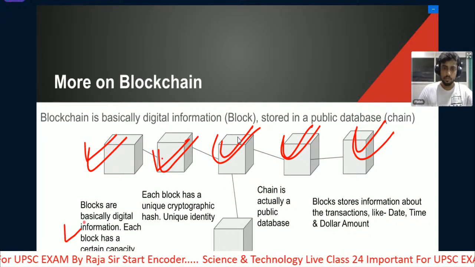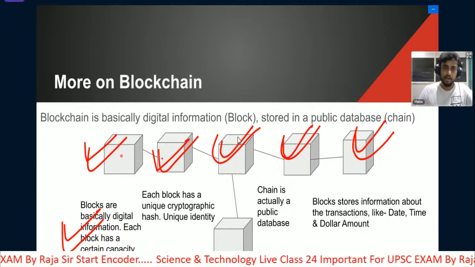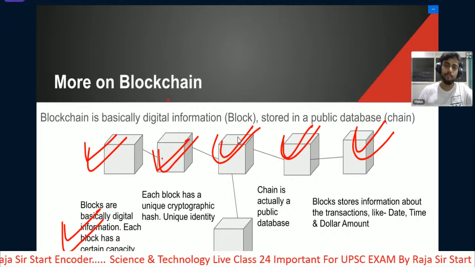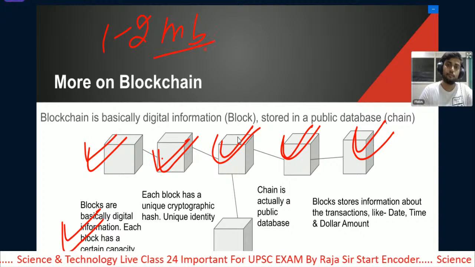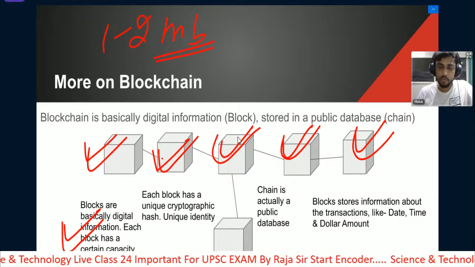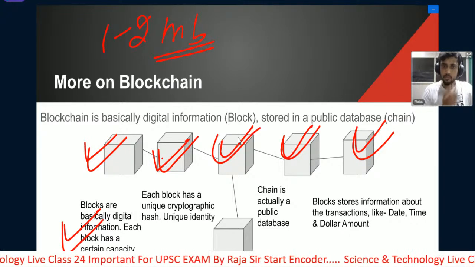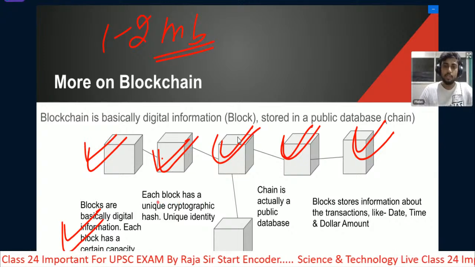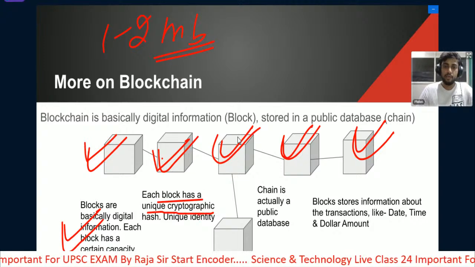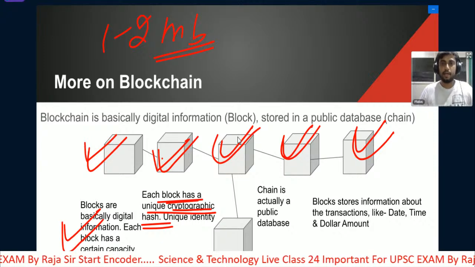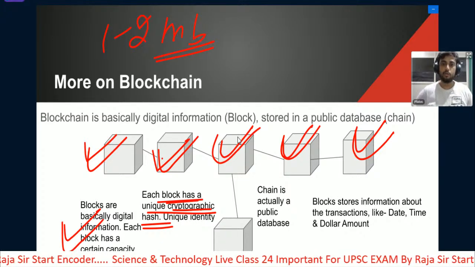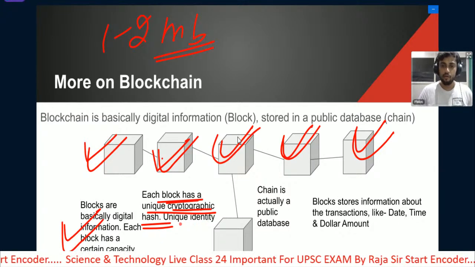Each block has a certain capacity, like it can be 1 to 2 MB. So this much digital information can be stored inside a block, and each block is assigned a unique cryptographic hash. A cryptographic hash is like a unique ID given to a particular block. It is a kind of unique identity.